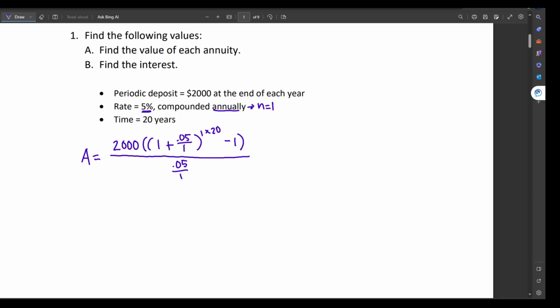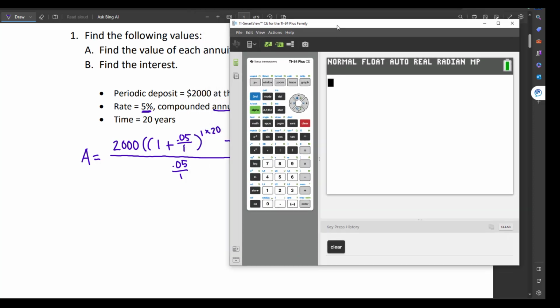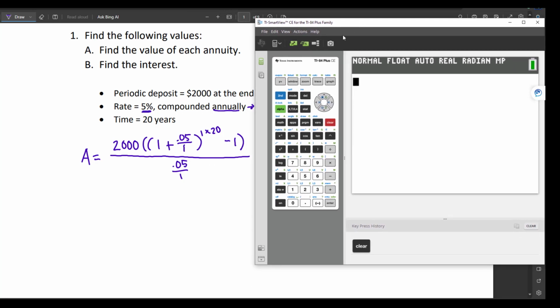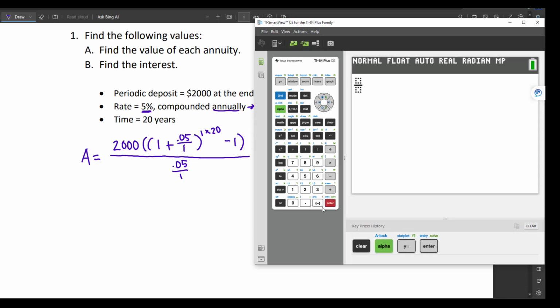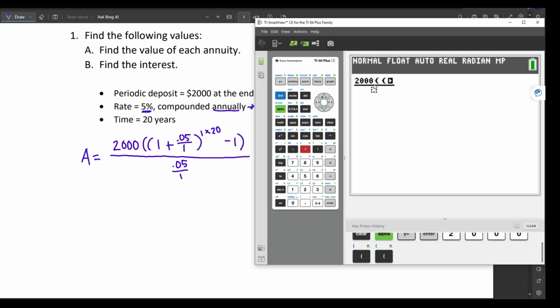So let me get our calculator. Alright, so our calculator, I'm going to put everything in. You do want to create a fraction. Alpha, y equals, enter, gives us our fraction boxes. 2,000 is on the outside of the parentheses, and we want double parentheses. 1 plus 0.05 divided by 1, close 1 parentheses, and we have our exponent.